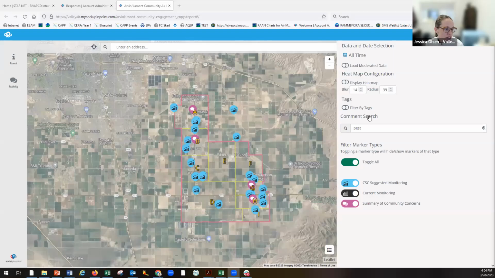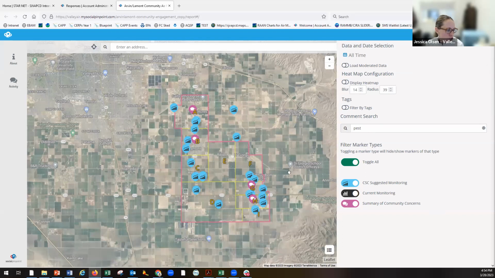We did not specify whether it had to be district type compounds or pesticides. I will share my screen really briefly, and this can be a tool we continue to use. I filtered this map, and it's a little fuzzy because of the way I had to filter it.